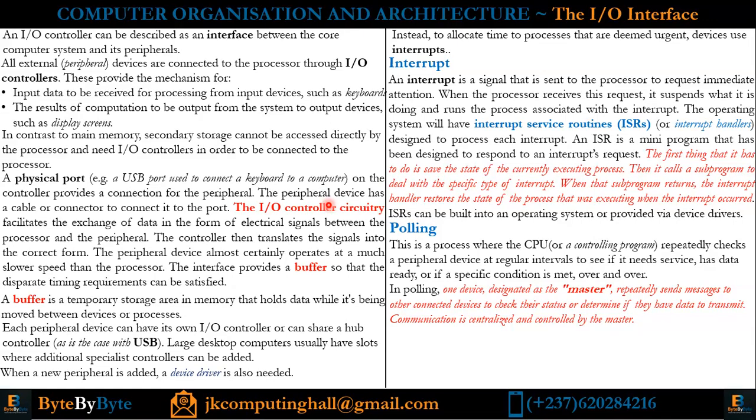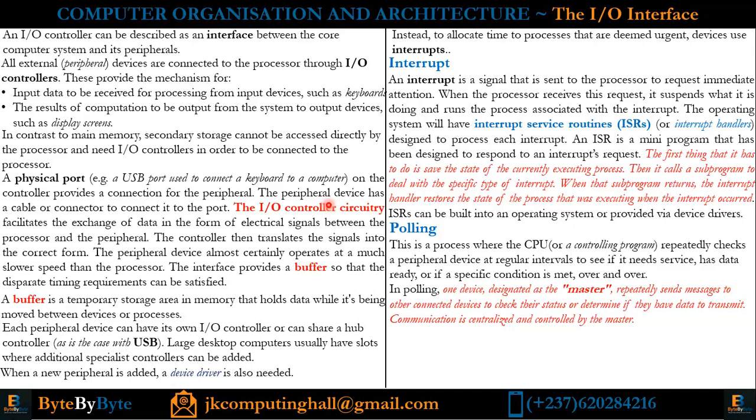Now, apart from interrupts, we also have what we call polling. This is a process where the CPU or a controlling program repeatedly checks a peripheral device at regular intervals to see if it needs service, has data, or if a specific condition is met, over and over. So what are we saying here?